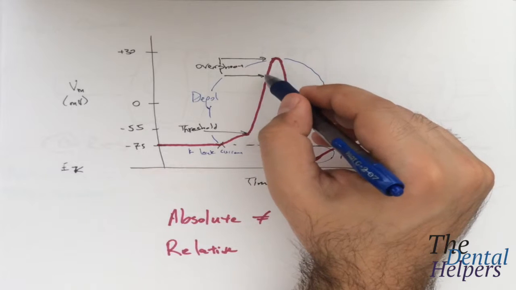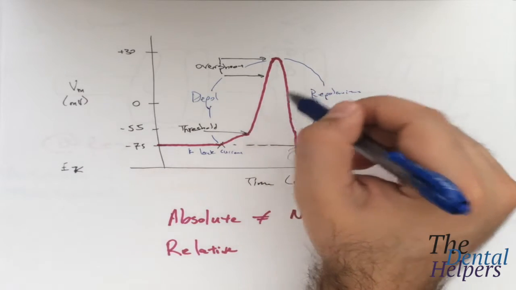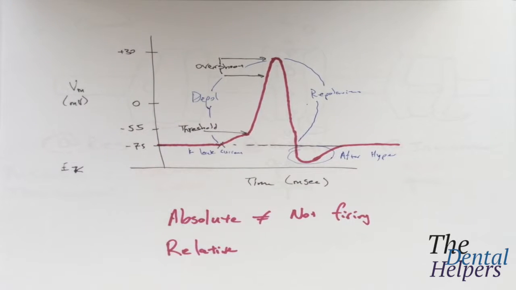Now the potassium channels, they're going to slowly open up. They're a slower channel in relationship to the sodium channels. The sodium channels are going to be fast open close. It's kind of like having a door that can open and close by the flash versus having a door that opens and closes with a sloth.